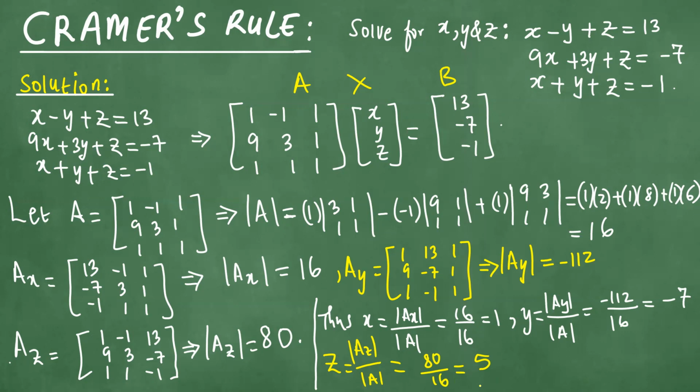And therefore, the conclusion after everything here is that X is 1, Y is minus 7, Z is 5.